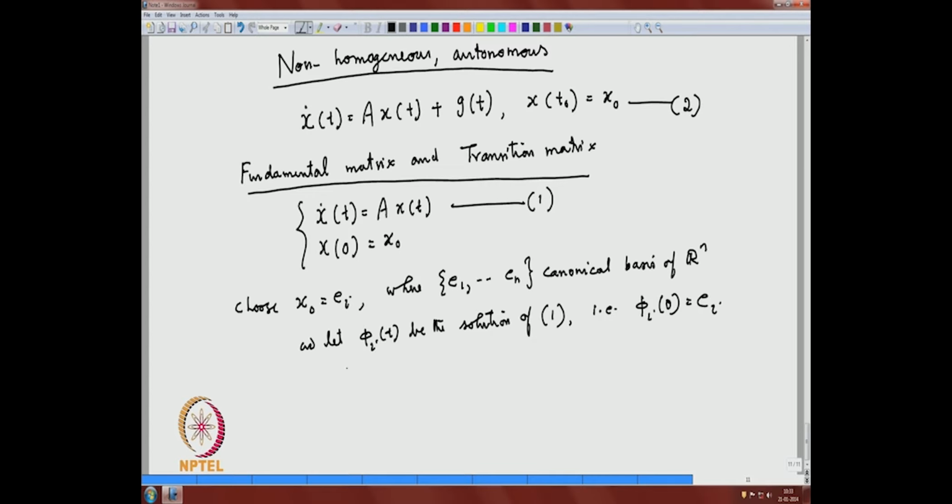So, with this I can introduce phi t, a matrix, because each phi i t is a vector solution. So, each vector I will put in the columns, phi 1 t, etc., phi n t. You know that these are all independent solutions, hence the invertibility.